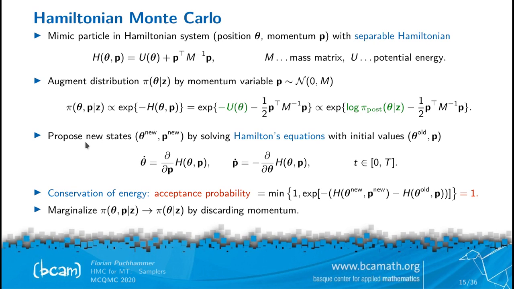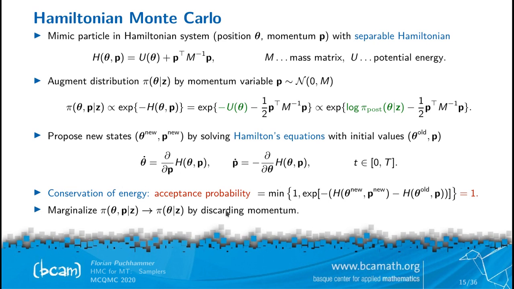And the way we propose new states now is by solving Hamilton's equations. So this is just a system of differential equations. And this is the way we choose new states. And now we can use the conservation of energy, remember the energy is given by the Hamiltonian, to see that the acceptance probability, which is nothing but this here, the Hamiltonian at the new state minus the Hamiltonian at the initial state, which are equal. So this is equal to 1 now.